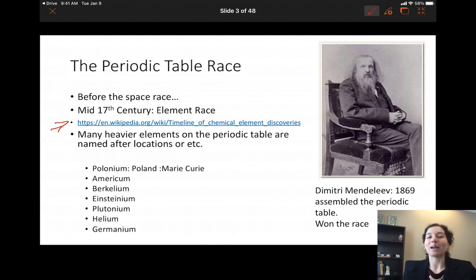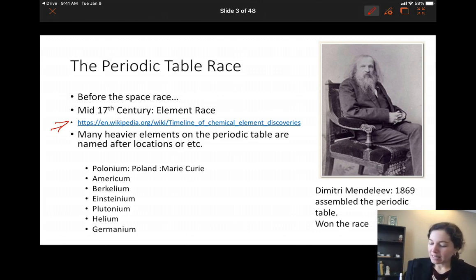I'm sure you can guess what Einsteinium is named for. Plutonium is named for Pluto, helium for the Greek god Helios. Germanium is named after the country of Germany. So a lot of people named elements to give credit to where their discoveries happened.